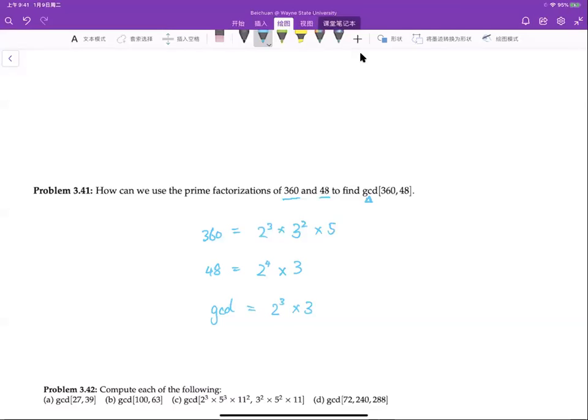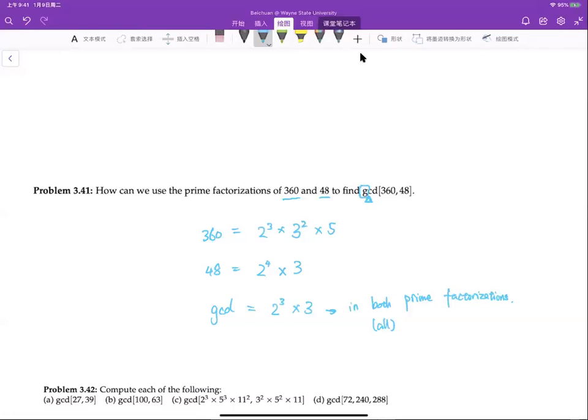Any factor in the GCD must be in both of the prime factorizations, or say in all of the prime factorizations if there are 3 or more numbers. Because we're looking for the greatest one, we want to pick the exponents to be as large as possible.